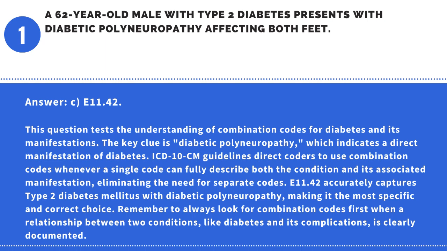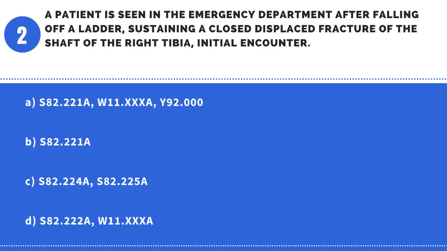Remember to always look for combination codes first when a relationship between two conditions, like diabetes and its complications, is clearly documented. Question 2. A patient is seen in the emergency department after falling off a ladder, sustaining a closed displaced fracture of the shaft of the right tibia. Initial encounter.